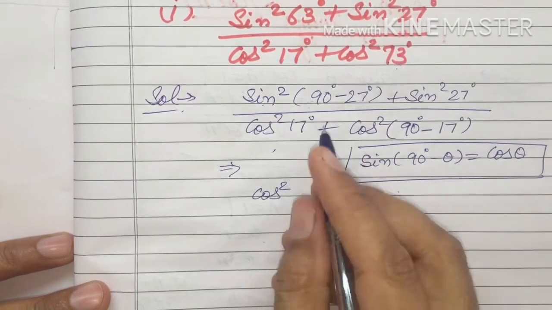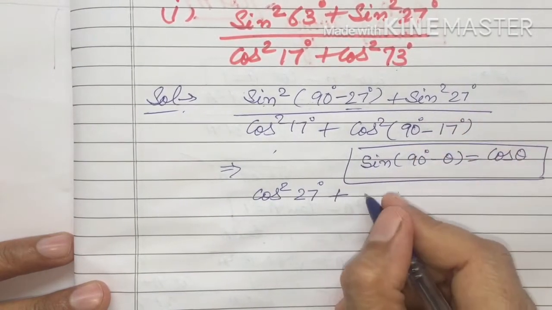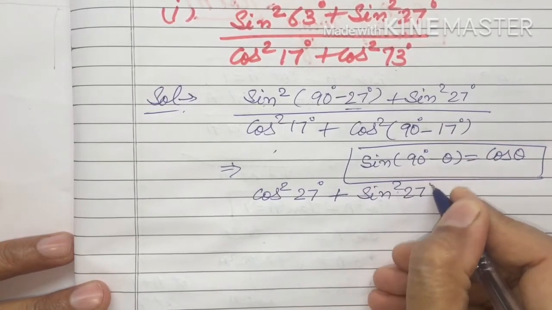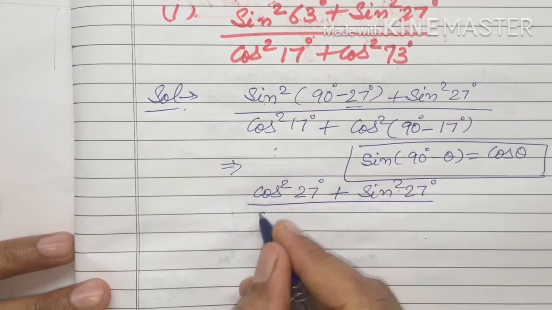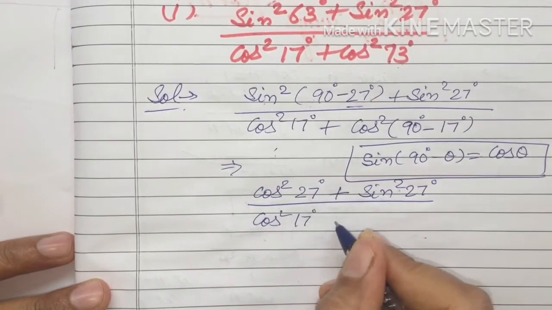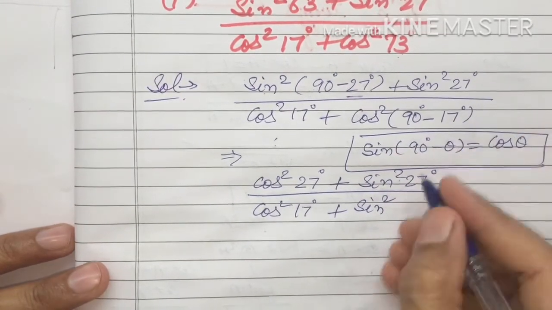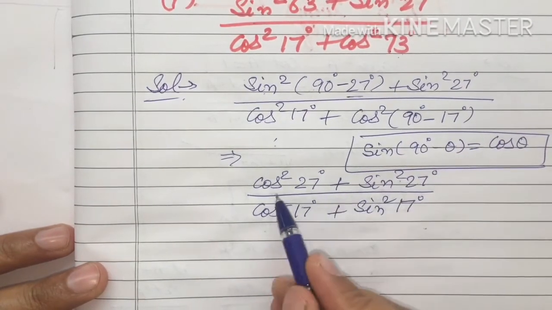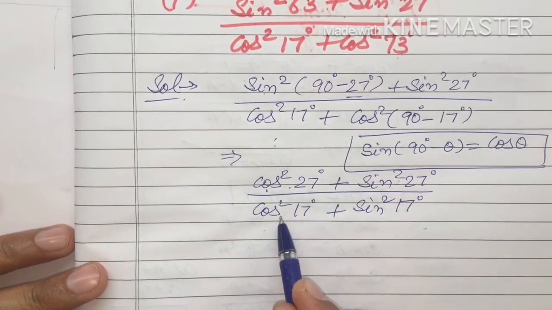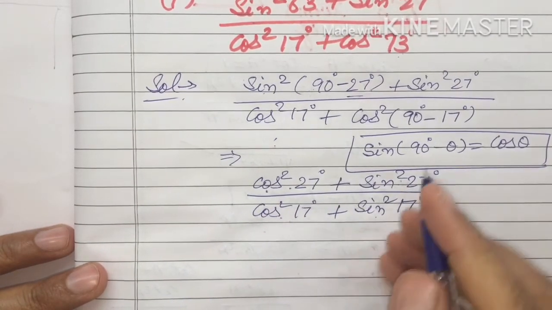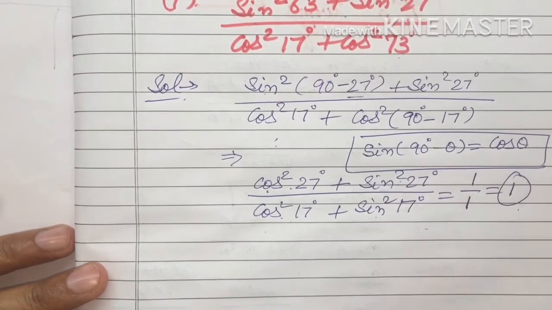So we can write, theta is 27, so cos square 27 degree, and sine square 27 degree is already there, upon the denominator cos square 17 degree, plus this cos will change into sine square, and theta is 17 degree, so we will write 17 degree. So by the property sine square theta plus cos square theta is equal to 1, and sine square theta plus cos square theta is equal to 1, we get 1 upon 1, and the answer will be 1.